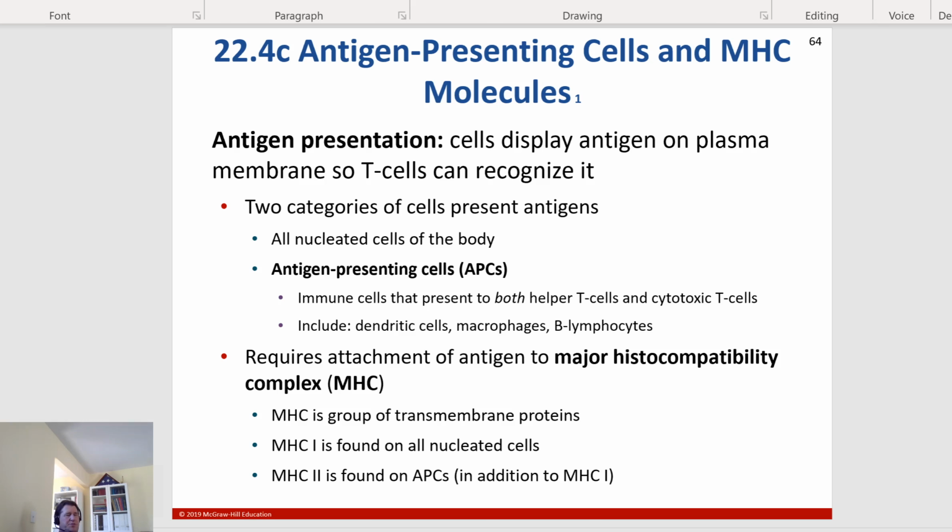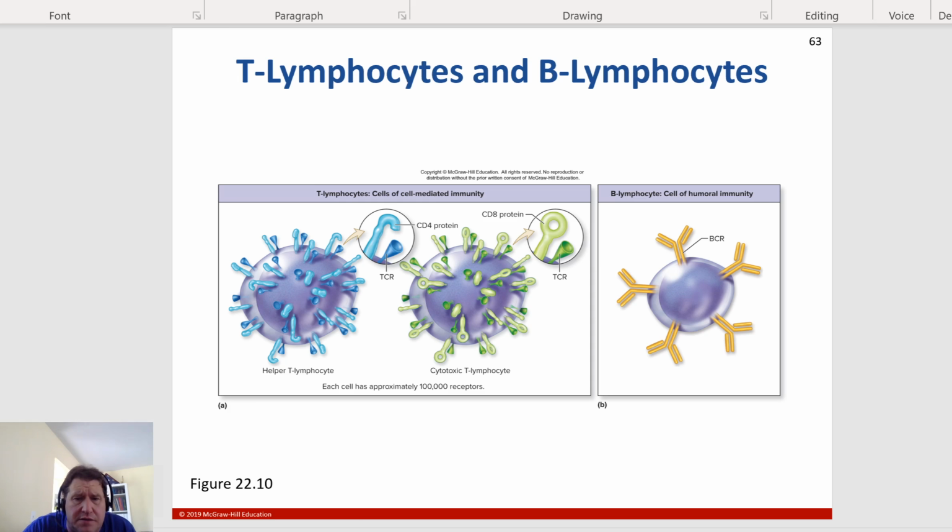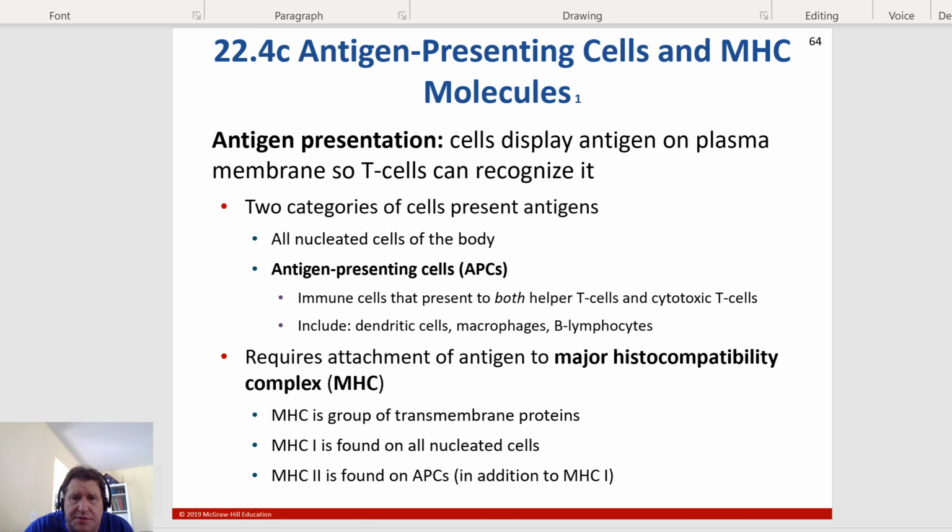Once they get it inside the cell, they take these pieces of it and put them on this specific molecule called the MHC2, major histocompatibility complex. And you can see that on this one. Well, I won't get into that right now.